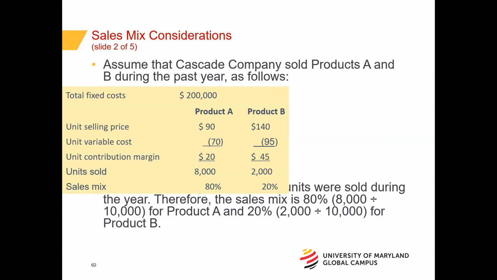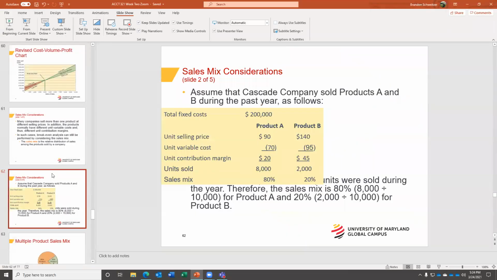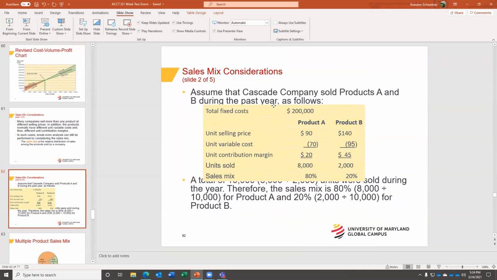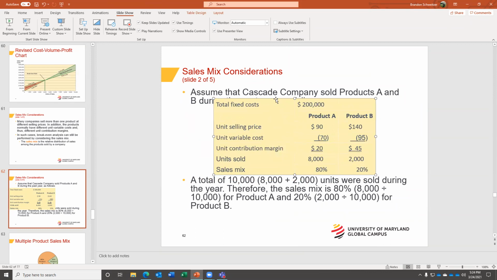How do we find sales mix, you might be asking? And I'm sorry, I don't know what happened in that slide. For some reason, this must have moved when I was building this earlier. So looking at this a little bit closer, to find the sales mix, we take the number of units sold. Where am I?